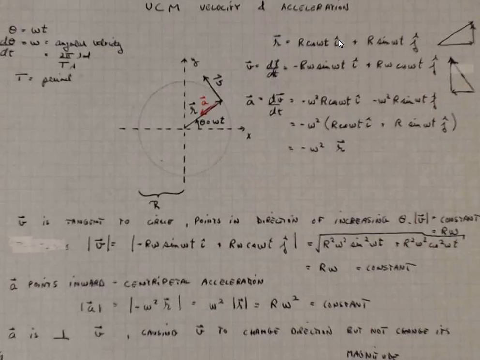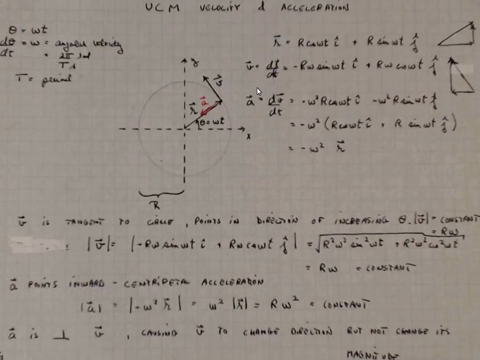Recall that i hat is the unit vector in the x direction, plus r sine omega t, the projection of this same position vector onto the y-axis, times j hat. Mimicking the picture here, if this is the r vector, this would be r cosine omega t i hat, and this would be r sine omega t j hat at this particular instant of time.